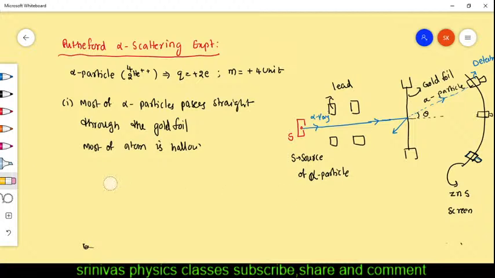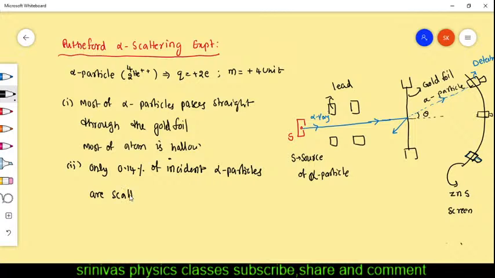The second observation is a very simple one. He observed that only 0.14% of incident alpha particles are scattered more than 1 degree.